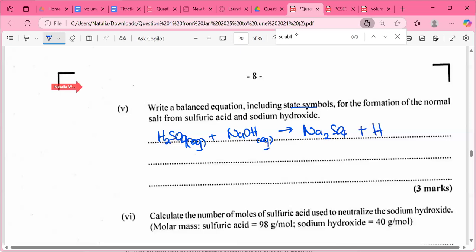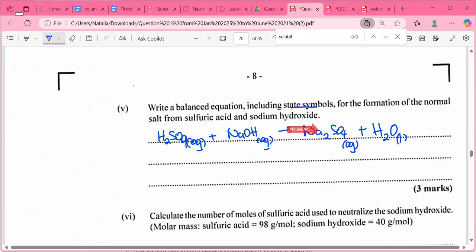Now, we know it is a normal salt because this acid has 2 H plus ions. So if we look at this acid right here, we're seeing 2 H plus ions. Both H plus ions are replaced with sodium. So because both H plus ions are replaced with sodiums, we have a normal salt. So we replace both of these H plus ions with sodium ions, so we prepare a normal salt.